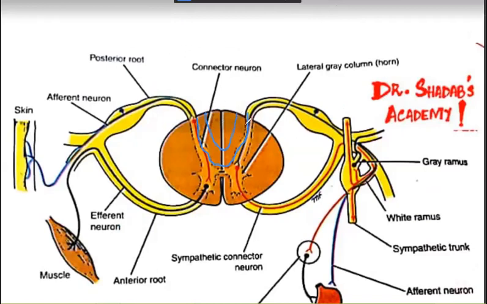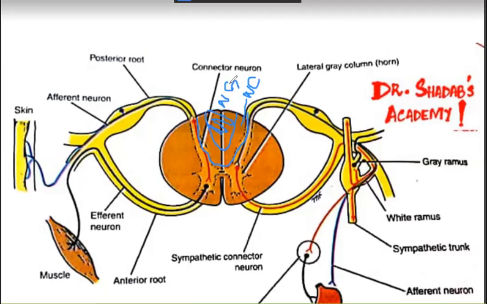Now this part is called nucleus cuneatus. You can also call it fasciculus cuneatus. And then this region is called nucleus gracilis, and you can also call it fasciculus gracilis.